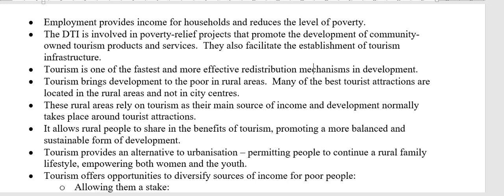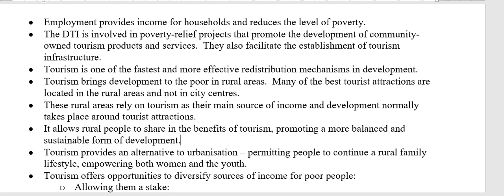Tourism is seen as one of the fastest and most effective redistribution mechanisms in development. Because it is a growing industry, and because it is so easy to get involved in the tourist industry, it is seen as a very effective way of redistributing income by creating opportunities and encouraging people to get involved so that they can reap the benefits of it. As I already said, tourism brings development to the poor in the rural areas.